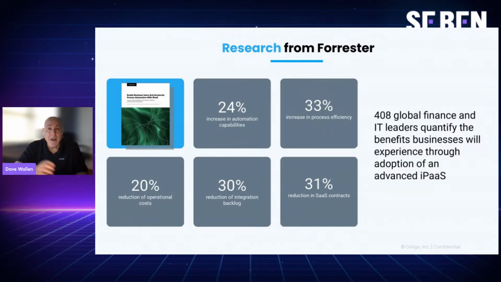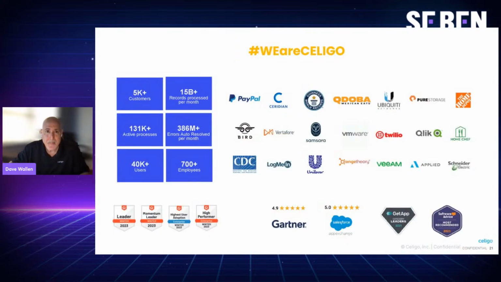You're taking money away from giving people read-write licenses, just to get visibility in systems that they don't actually use except for those things, and putting it into an iPaaS. So you're getting the business benefits of the iPaaS, and the funding for it just by the reduction in SaaS contracts. So that is kind of an interesting stat.